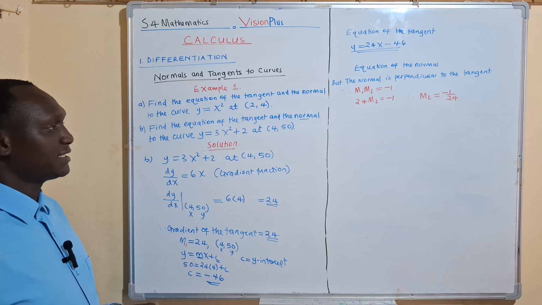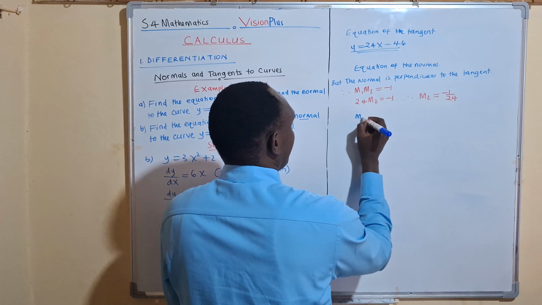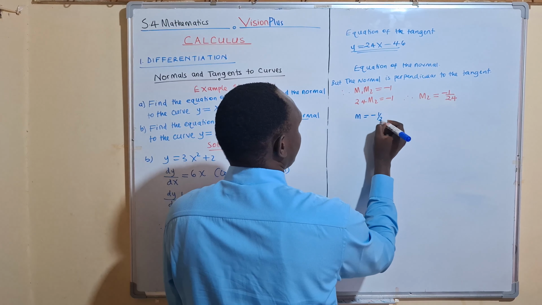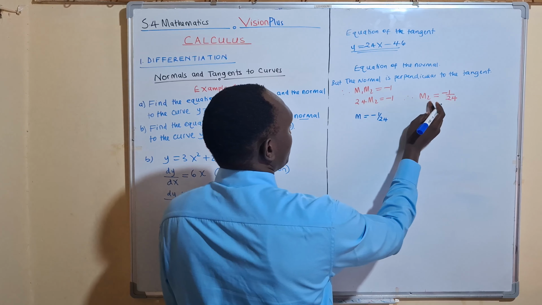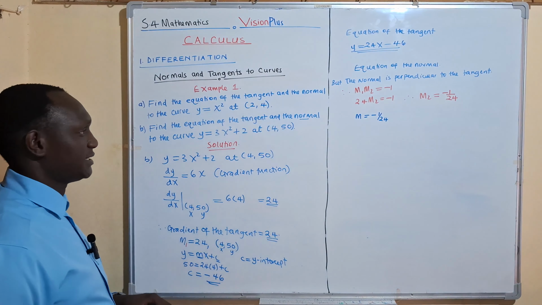So after getting the gradient of the normal, I can just call it m now. This is -1 over 24. Calling it m2 was just to distinguish it from the gradient of the tangent.